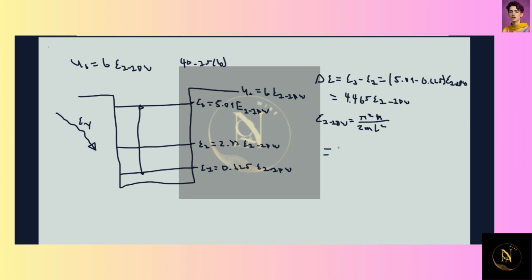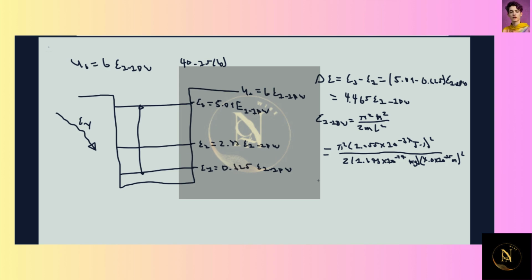So this is going to be equal to pi squared times h bar squared, 1.055 times 10 to the minus 34 joule seconds squared, divided by 2 times the mass of a proton, 1.673 times 10 to the minus 27 kilograms, times the width of our box, which is 4 femtometers, so 4.0 times 10 to the minus 15 meters squared.